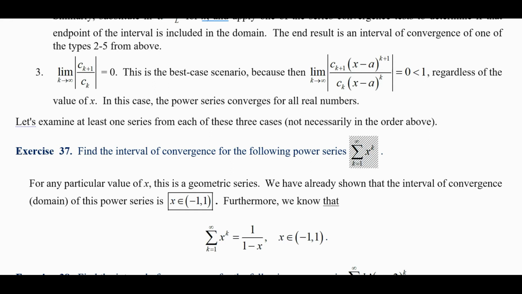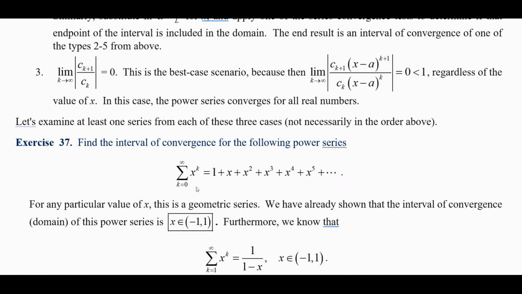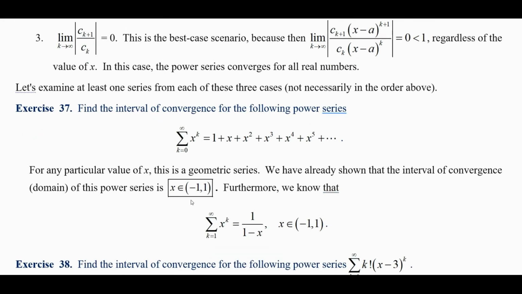We want this to start at 0, so it starts at 1 plus x plus x squared and so forth. Okay, there we go. So now we started at 0. The first term is 1, and then that's 1 times 1 over 1 minus the base. So that's the geometric series, and I have to fix it here as well. Start at 0. And that one is convergent there. We already did that earlier.